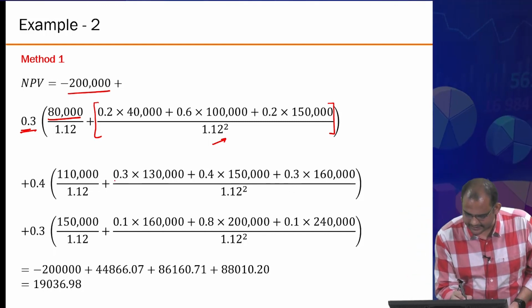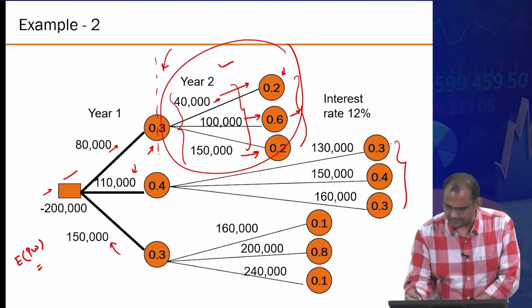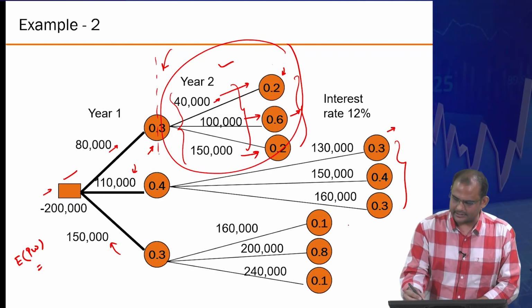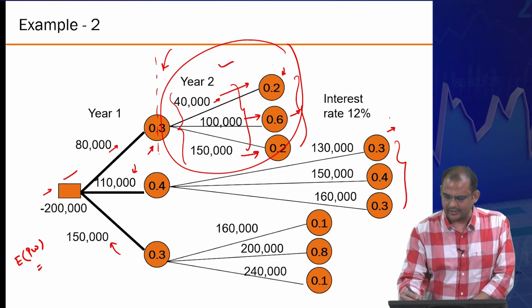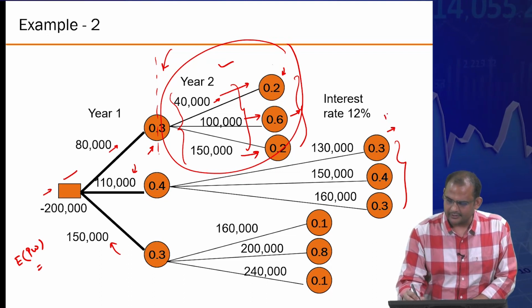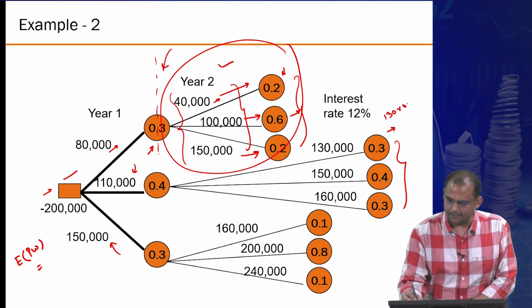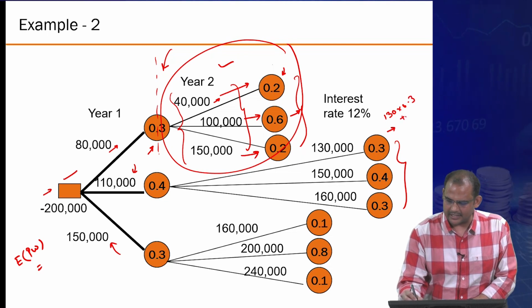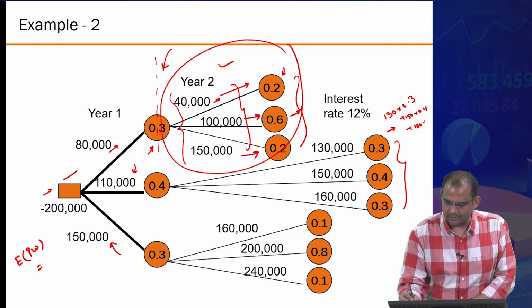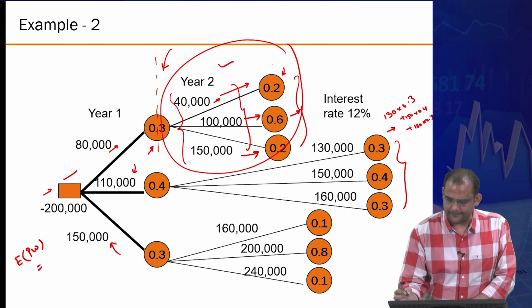In the second case, I am calculating this expected value of this cash flow first. This will be what? 130 into 0.3 plus 150 into 0.4 plus 160 into 0.3.